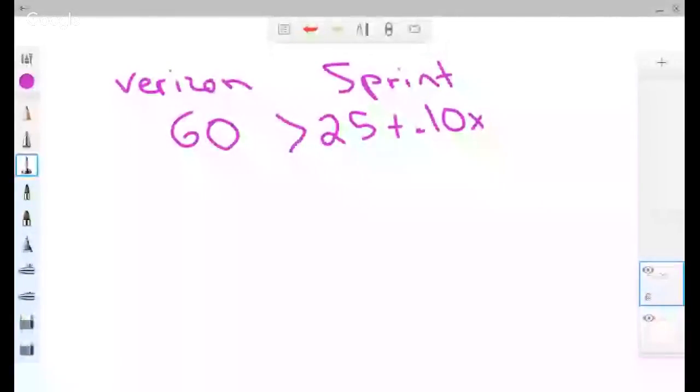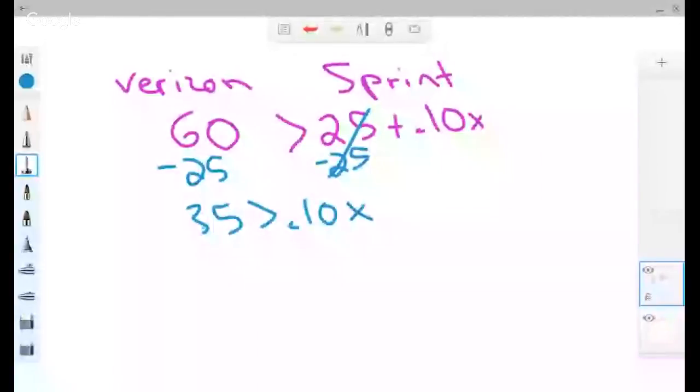So the first step I would do is, let me just change my color, I would subtract 25, right? So I get to, is that 35? And then divide by 0.10.